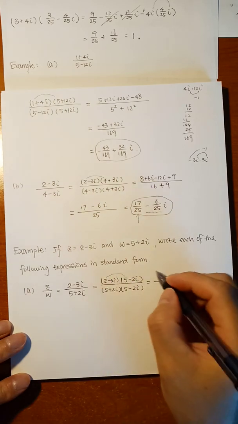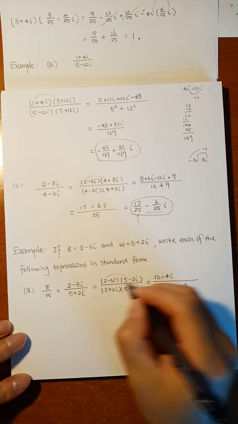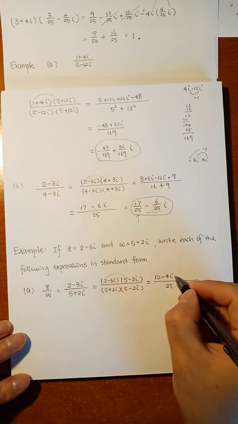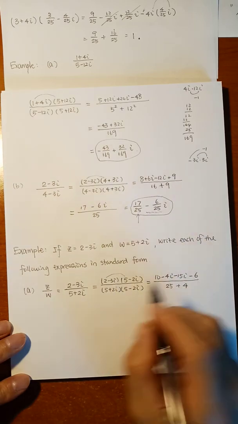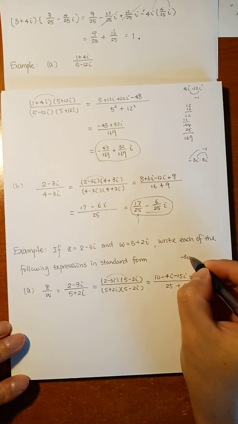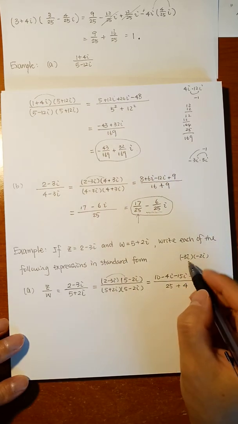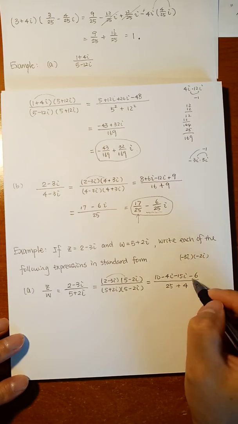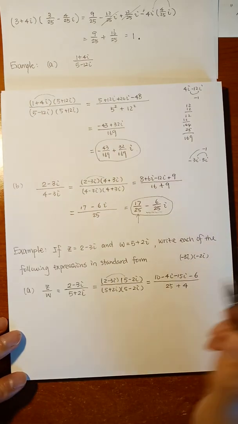Numerator, 2 times 5, 10, 2 times 2i minus 4i. Negative 3i times 5, minus 15i. And this is minus 6. Negative, negative, they cancel. I squared will give you the third negative sign. 3 times 2 is 6.